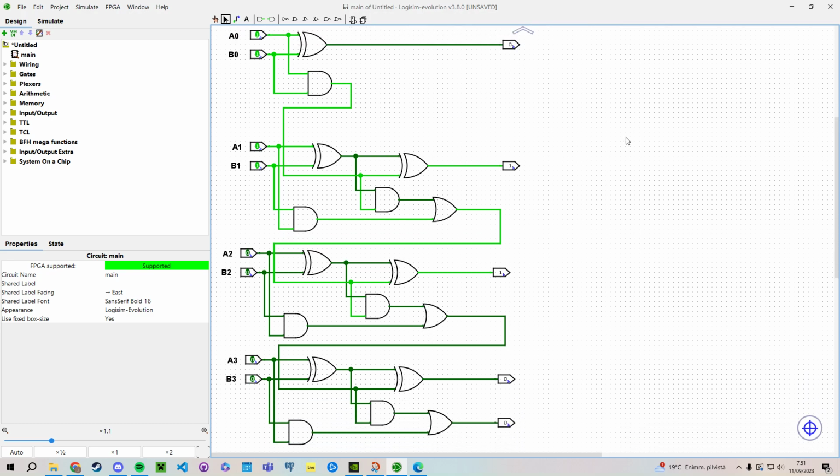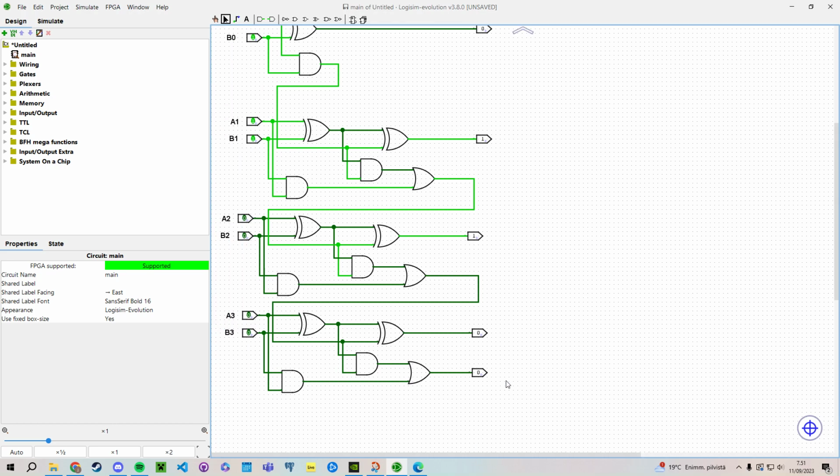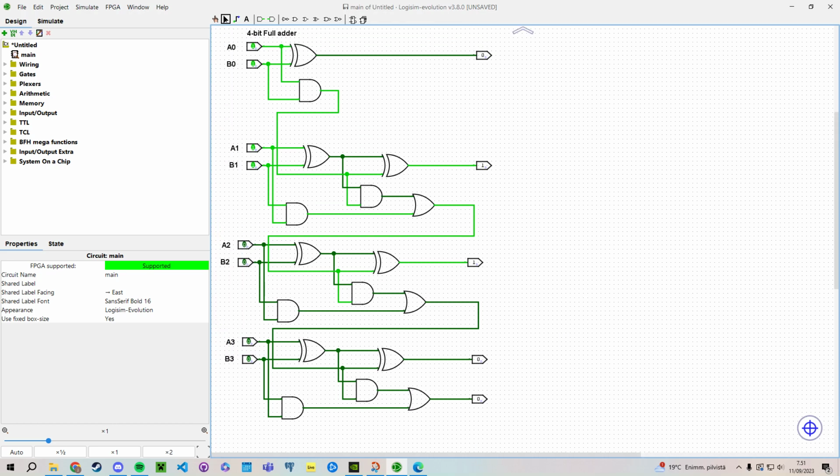So the task was to try out a simple input of 1011 plus 1001. So let's try that. Let's put everything to 0 and 1 0. I mean, we have to do it from the bottom up, right? 1 0 1 1 plus 1 0 0 1, and we get the answer, which is 1 0 1 0 0.